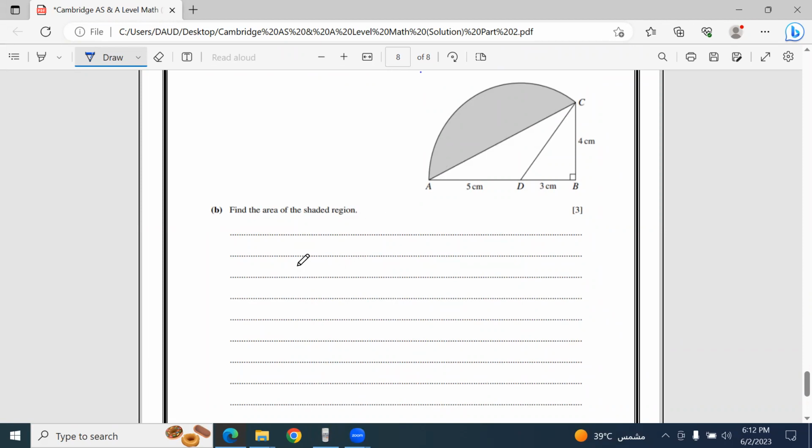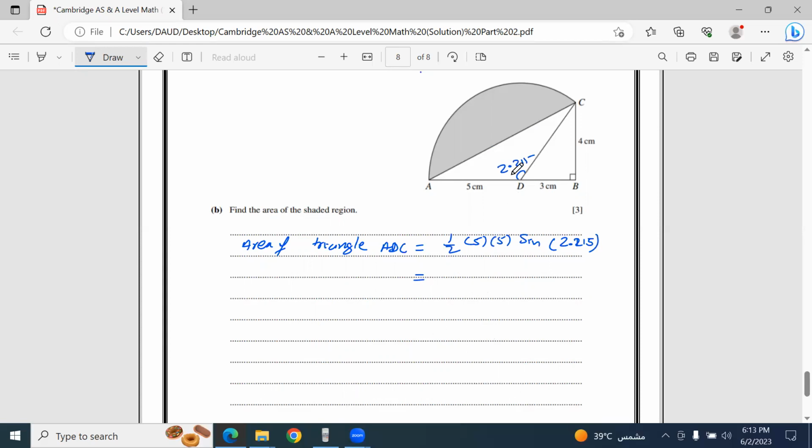So area of triangle ADC is equal to 1 over 2, 5 multiplied by 5 sine of 2.215.